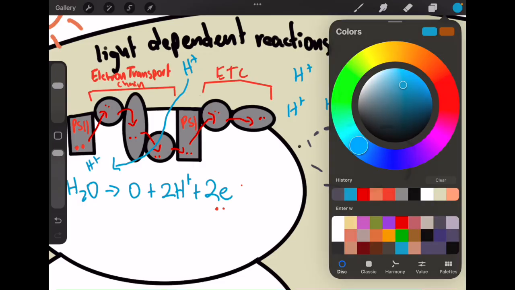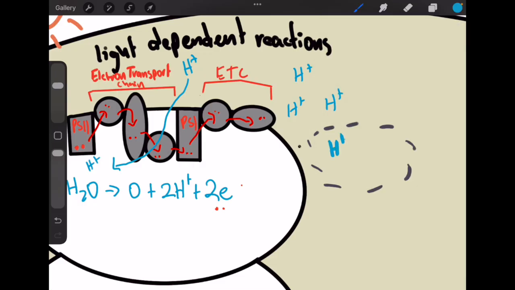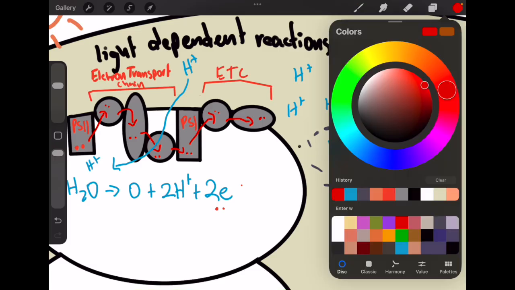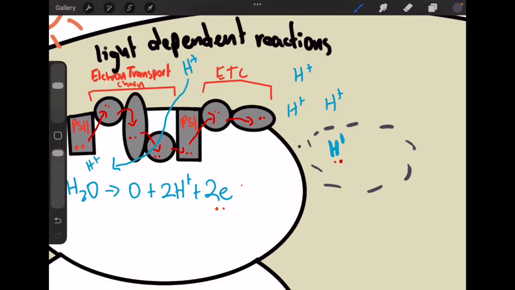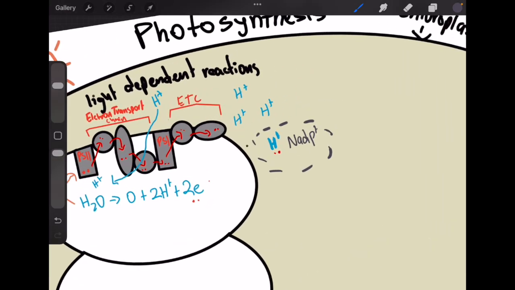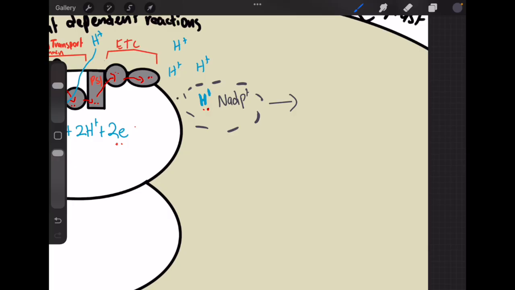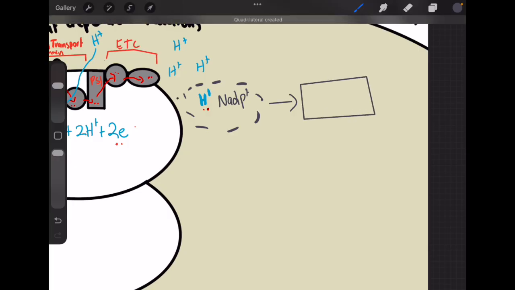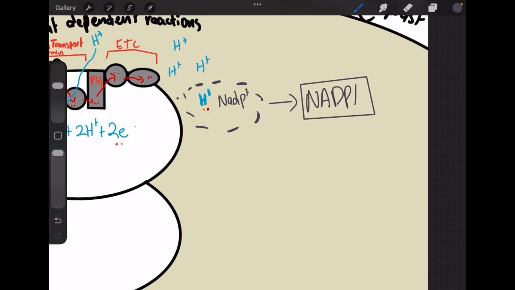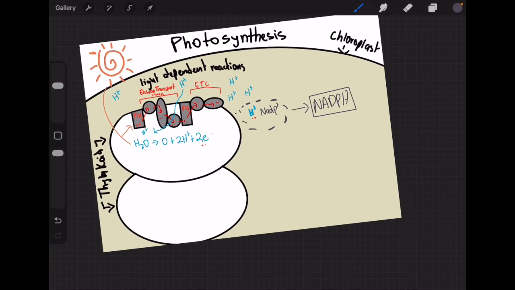So we have hydrogen and we have our electrons also, and then we're going to use NADP from the Calvin cycle, which we will talk about later, and we're going to turn this into NADPH, which ironically we'll again use in the Calvin cycle.